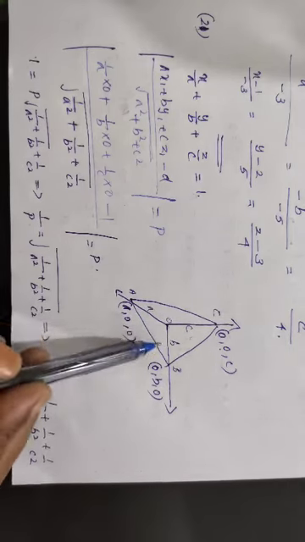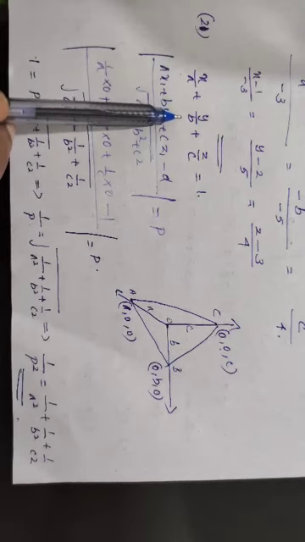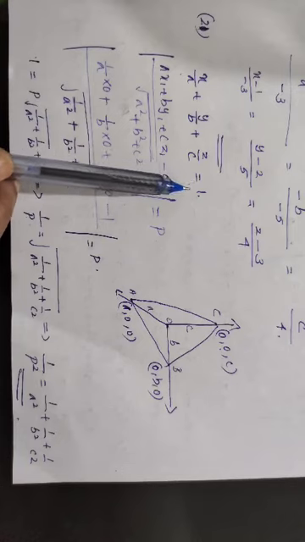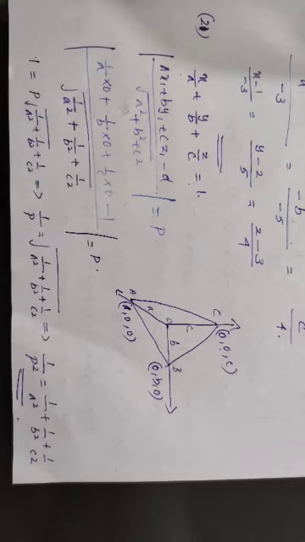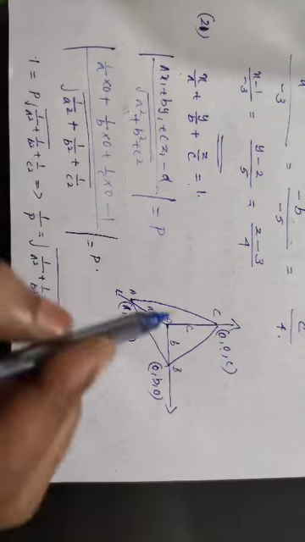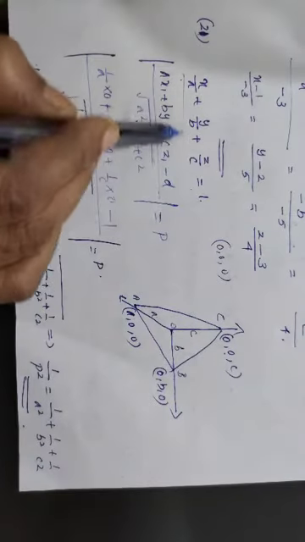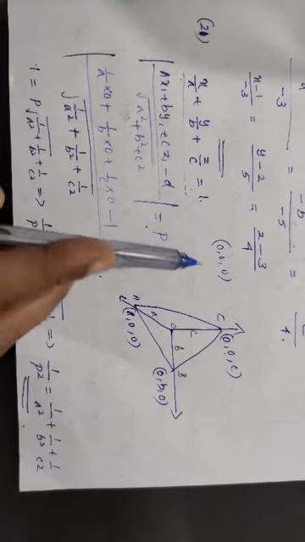Then the intercept form equation of a plane is x/a plus y/b plus z/c equal to 1. The given condition is that the plane is at a distance of p units from the origin, that is, the distance of the point 0, 0, 0 from this plane is equal to p. What is the formula for the distance of a plane from a point?